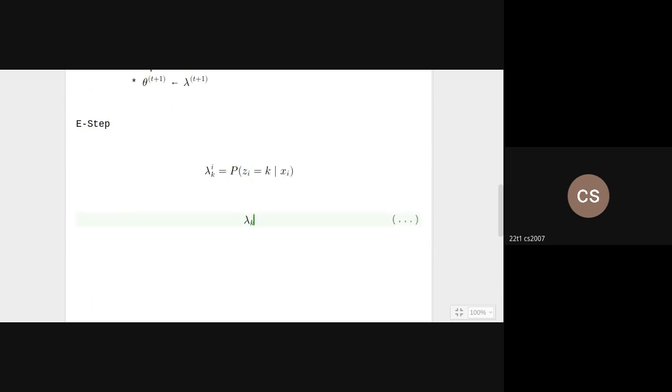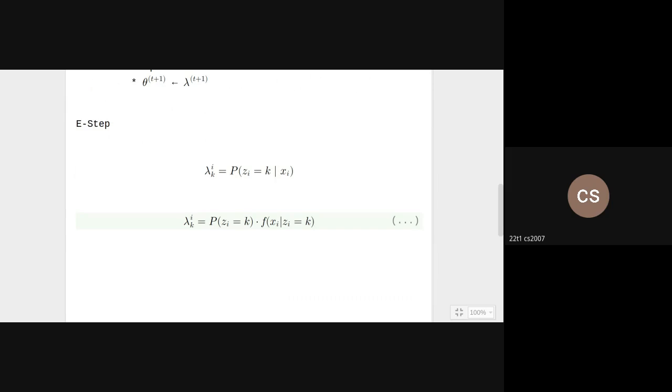So what rule do we make use of here? If you want p of z given x, then what do you do? Probability of xi given zi. Right, so we just do the Bayes rule. So we first pick cluster k, and then find the density of xi given cluster k.